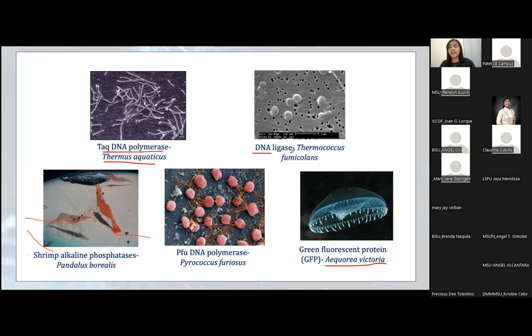DNA ligase, for example, sa PCR process din, ginagamit din siya, the enzyme, DNA ligase, galing din siya sa archaea na Thermococcus fumiculans, and then shrimp alkaline phosphatase, Pandalus borealis, ito naman, DNA polymerase, which is also used pag nag-PCR reactions tayo from Pyrococcus furiosus. So, ayan siya.